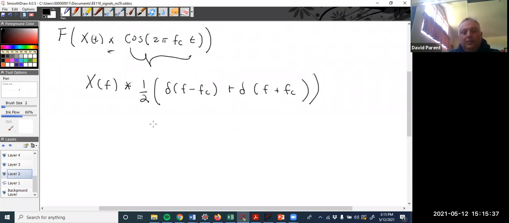So now if that's 0, and x(t) just has some frequency information, and here are my two delta functions, where I'm at plus or minus fc, and then I convolve it.